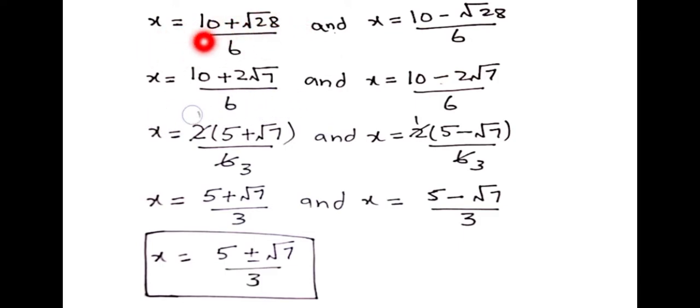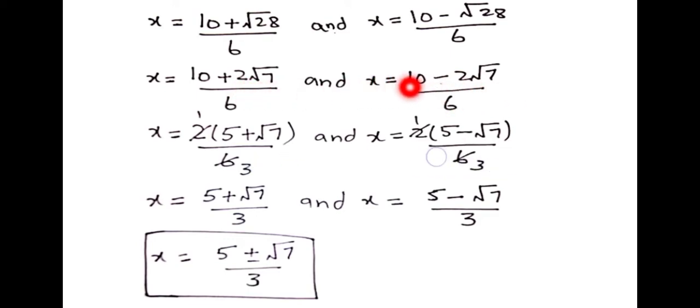So x can be positive and can be negative. It can be 10 plus root 28 over 6, or 10 minus root 28 over 6. Here we factorize 28, and we get 2² multiplied by 7, and this 2² cancels with the square root, and the 2 comes out of the square root.